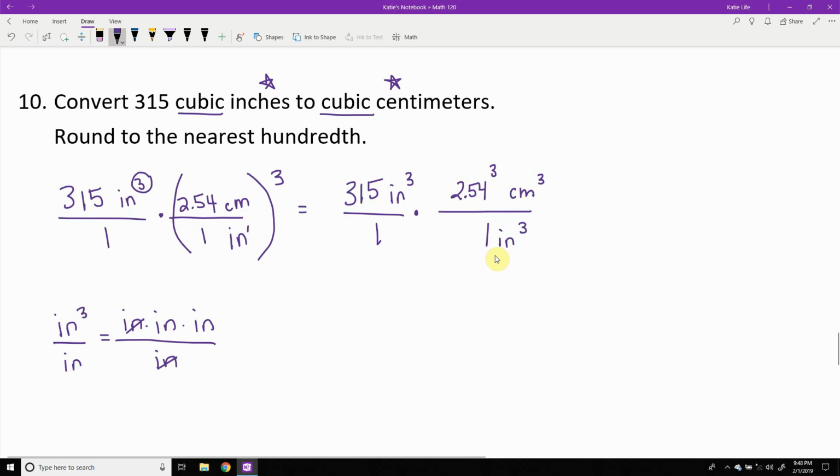So let's also make a mental note here that this notation does not mean 2.54 times 3. It means 3 factors of 2.54. So this value times itself 3 times.